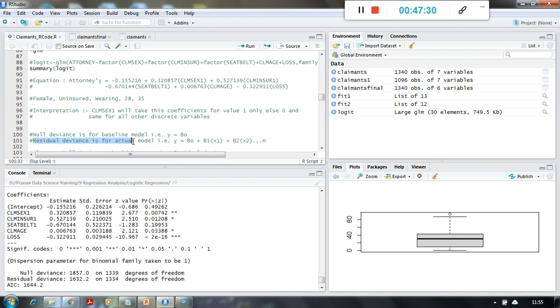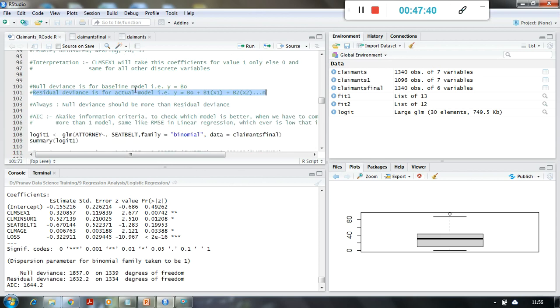And the residual deviance is for the actual model, that is y equal to beta naught plus beta 1 x1 plus beta 2 x2, etc. The thumb rule is that we should always have null deviance greater than residual deviance, and only then can we say our model is good.